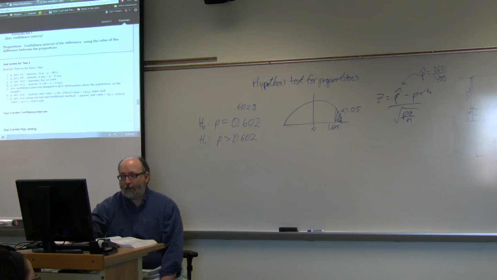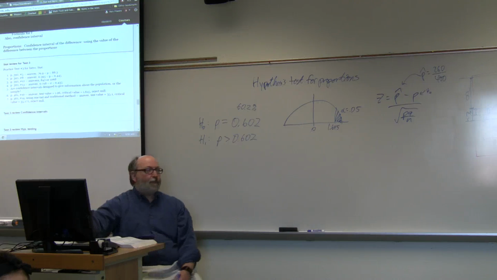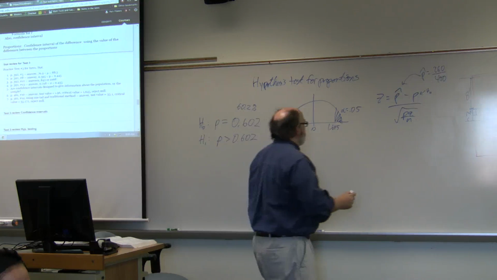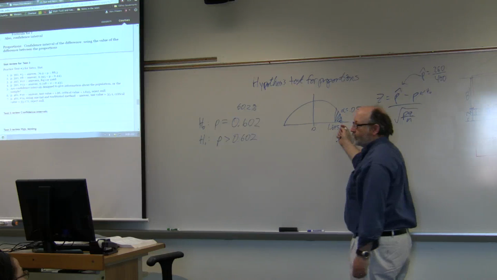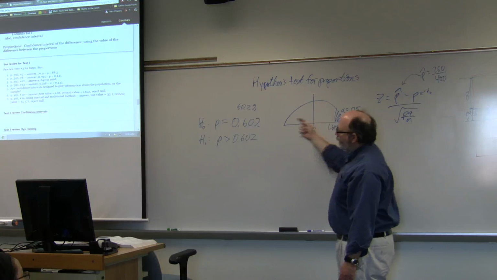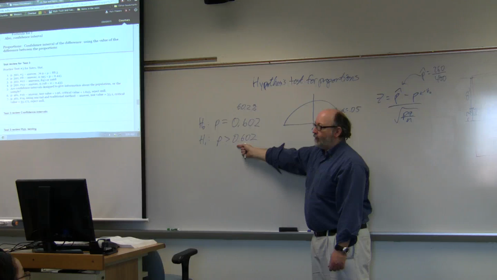Okay, Nikki, can you tell me what is the conclusion of this particular problem? That there is not more than 60.2% of inmates for drug offenses? Actually, no. We reject the null hypothesis. If we reject the null hypothesis, we prove the alternative. So when I say this thing is way out here, what I'm saying is the true proportion is greater.